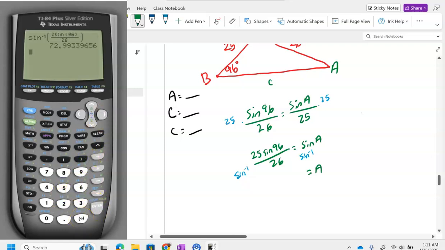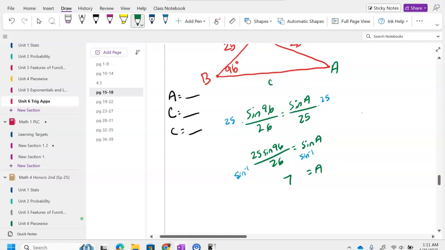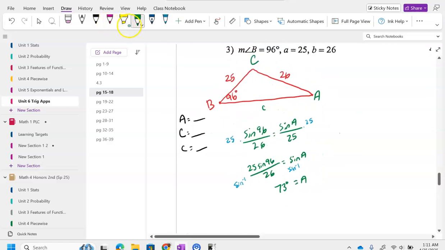We get an answer. We do not get an error. So this is 72.99. So here, by default, we're going to have to just say 73 because it's 0.99. So we're going to say 73 degrees. So angle A comes out to 73 degrees.